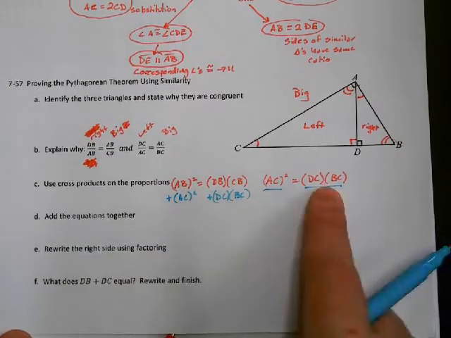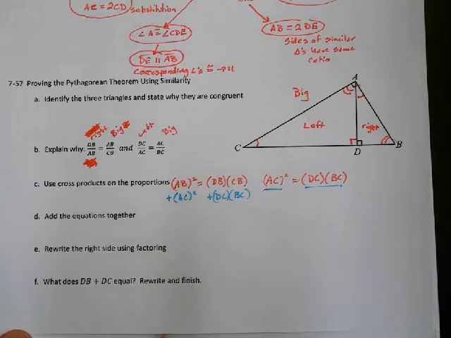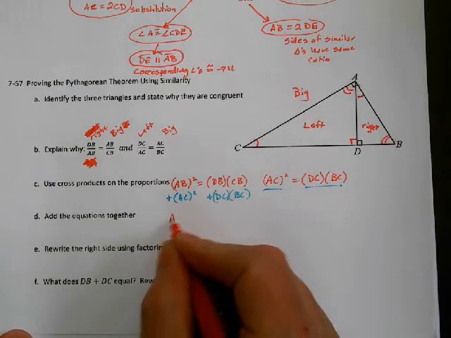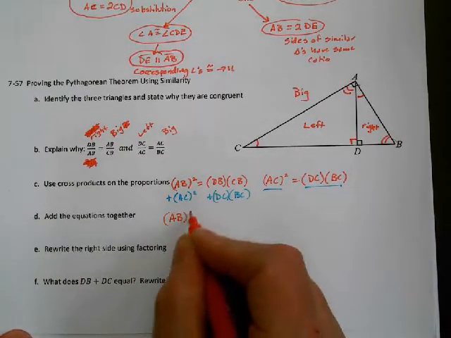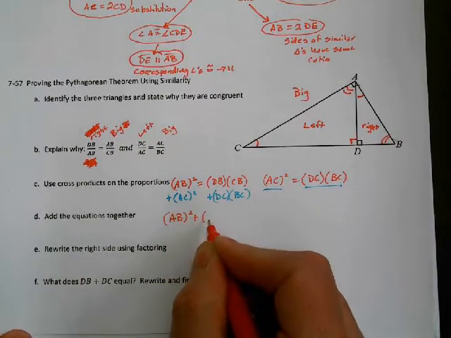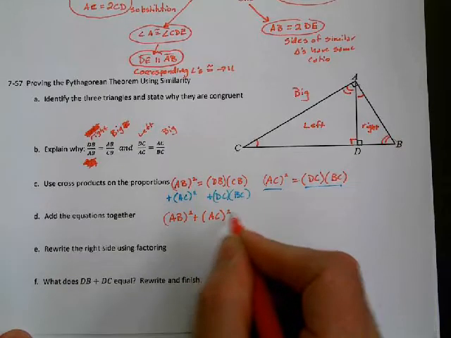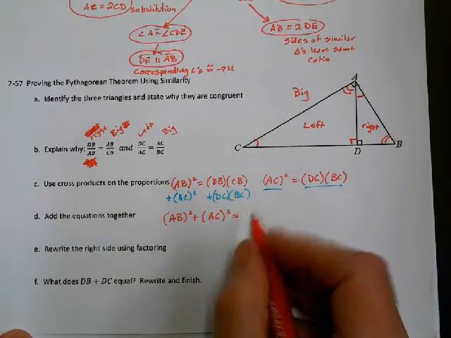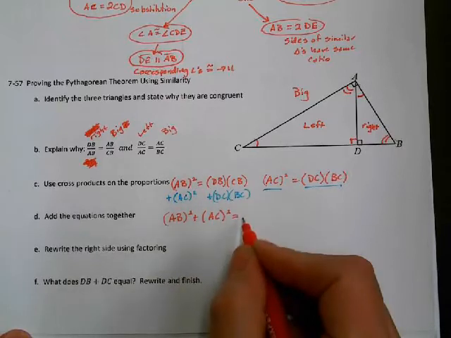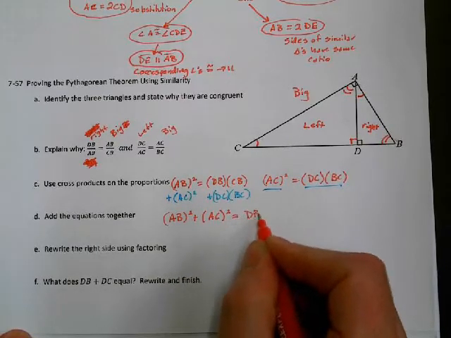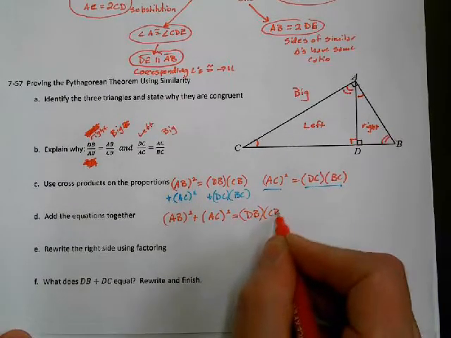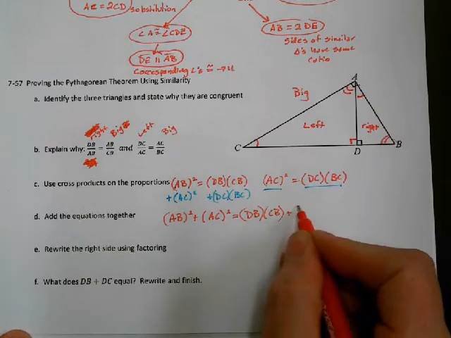And what are we left with when we do that? We are left with AB squared plus AC squared equals DB times CB plus DC times BC.